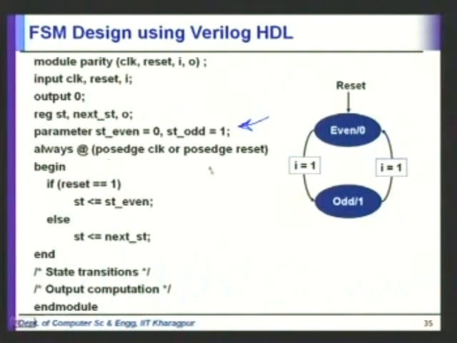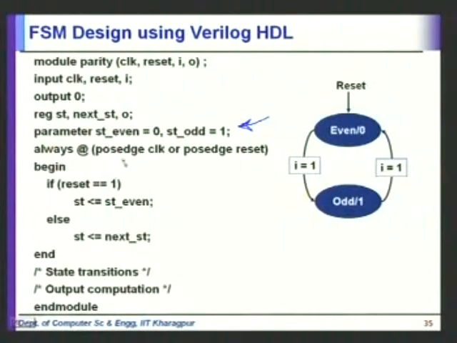This one is the part which takes care of the reset. What it does is, always at the positive edge of the clock or positive edge of reset, if reset is 1, then the state of the machine becomes ST even, otherwise the state becomes the next ST, and next ST will be defined shortly.